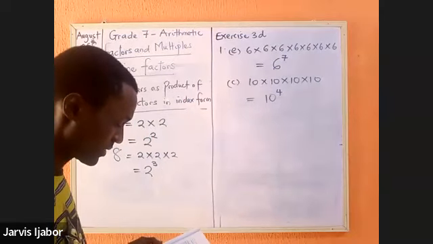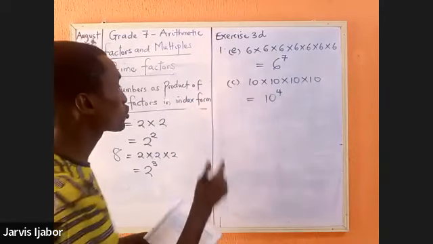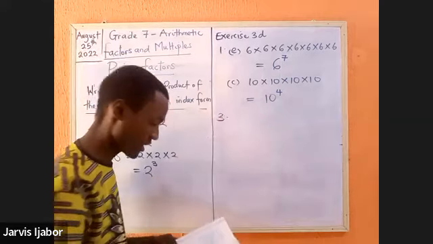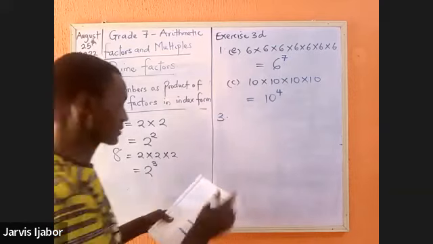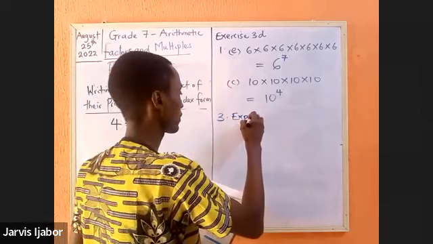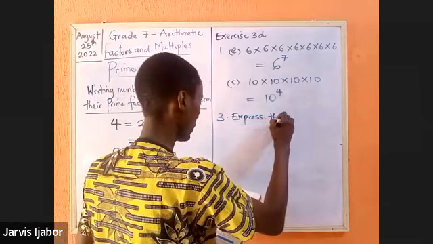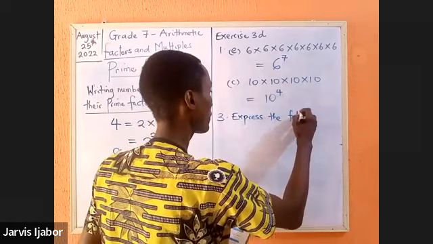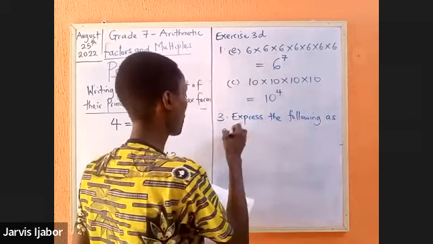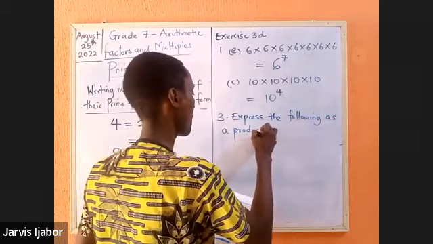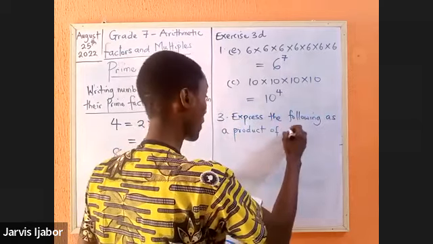Okay, with that sorted out, we will now go to question 3, which will essentially test the concept we want to handle. It says express the following as a product of primes.